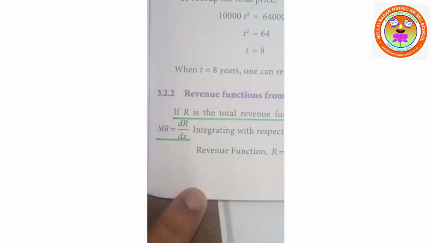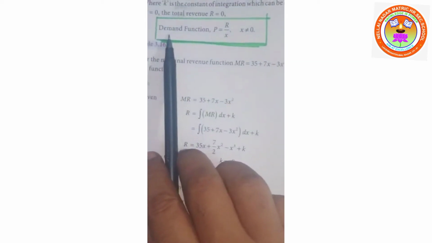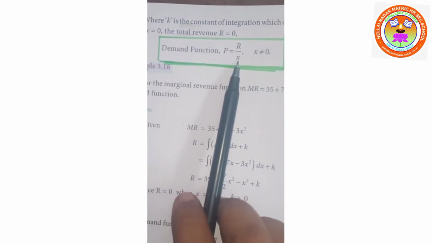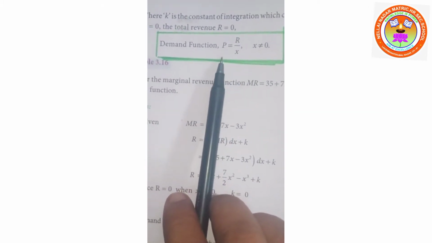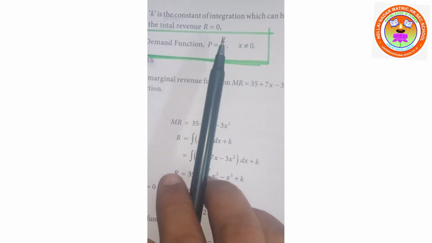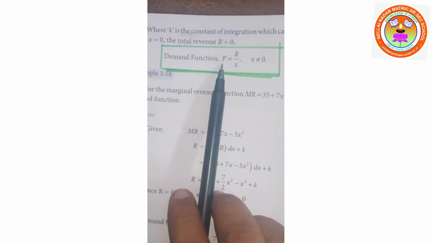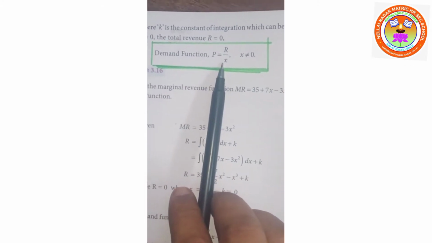Next one, demand function P equals R by X. Even for average revenue, same formula only. Average revenue is capital R by X. Demand function P equals R by X. Same formula for both.